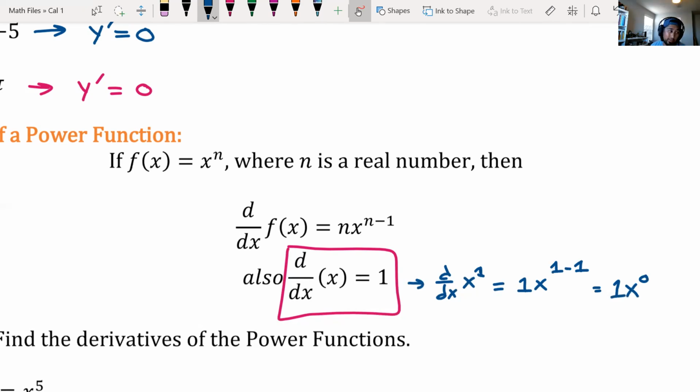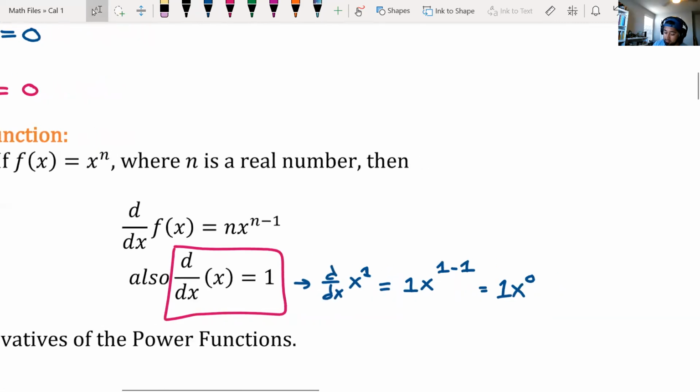And what is any number raised to the 0th power? 1. So this would just become 1. That's why the derivative of any single variable to the first power, any linear variable, would always be 1.